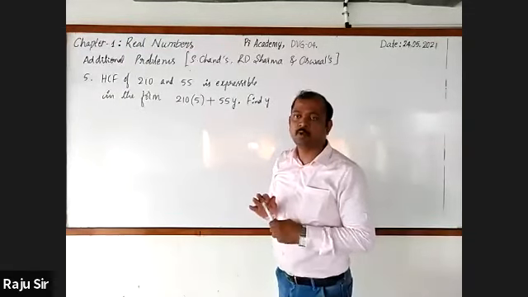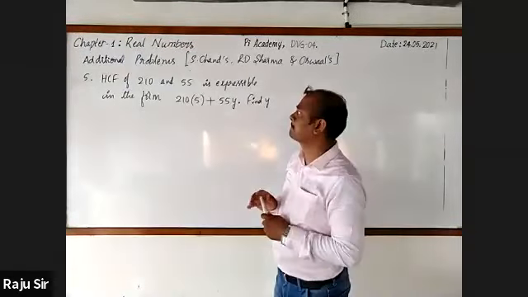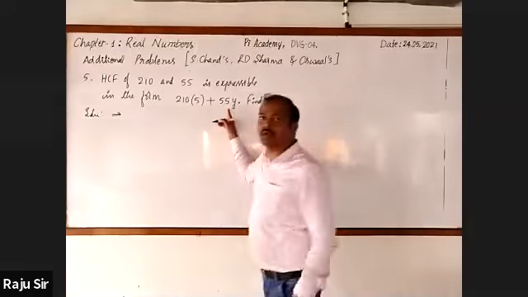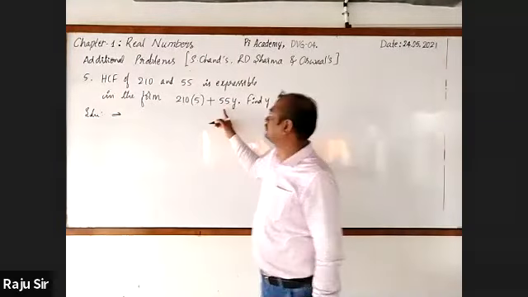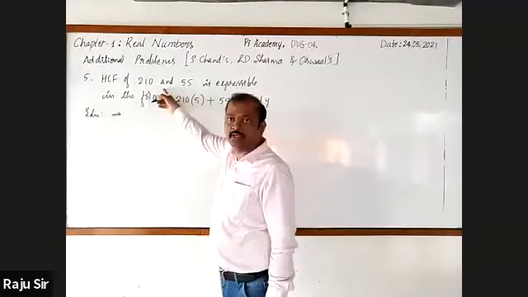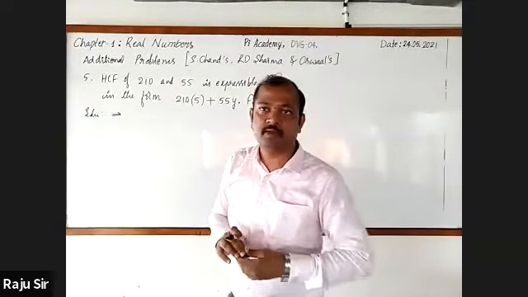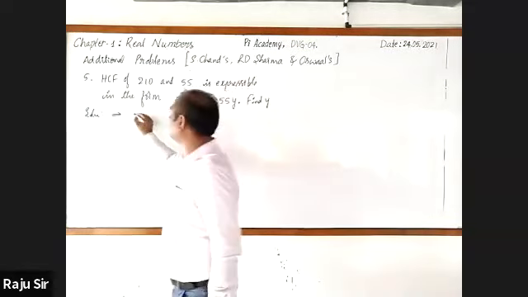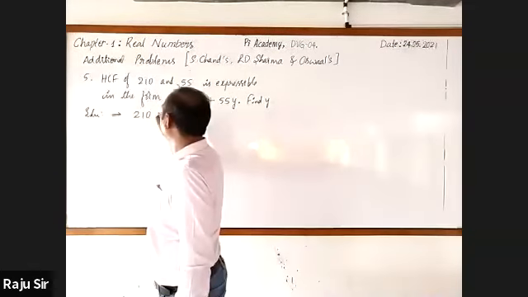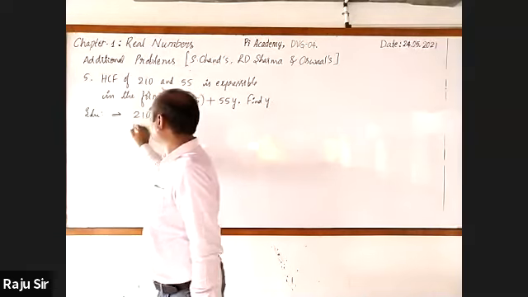Got it? Hope that you have understood. Yes, sir. Okay, right. I told you in this case we have only one variable, and to find that you can find the HCF either by Euclid's division algorithm or the fundamental theorem of arithmetic. Anyone can be followed. Here 210 is greater than 55, right?